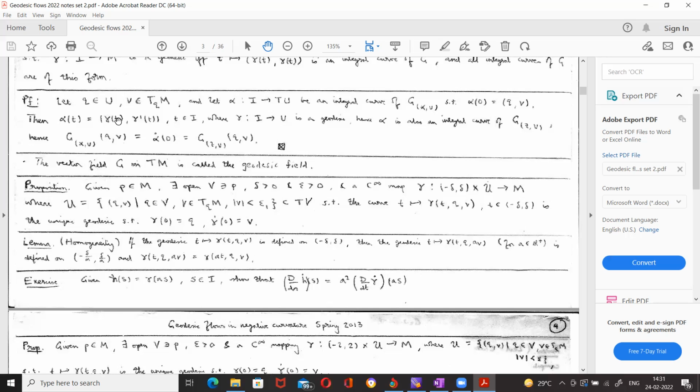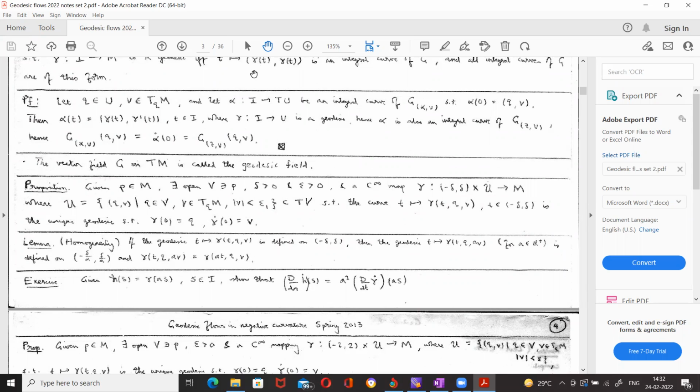Now we have a natural projection from the tangent bundle TM to the manifold M, (q, v) maps to q. So what does this previous proposition tell us? It told us that if we take any integral curve of G, then the projection of it below will be a geodesic in M, right?